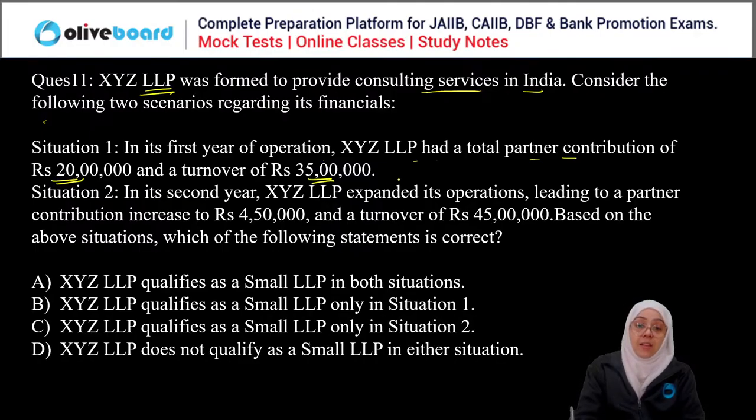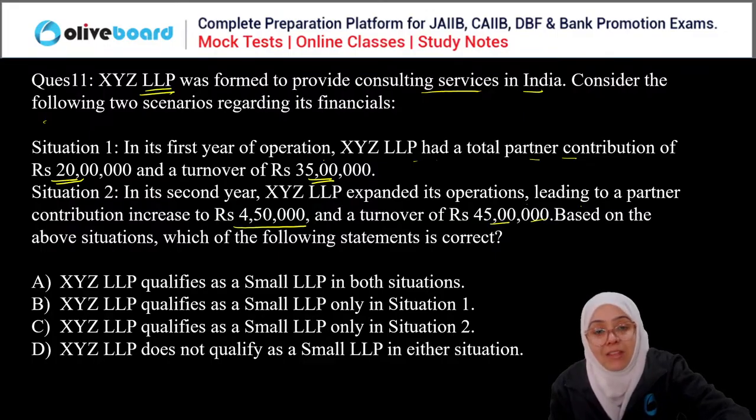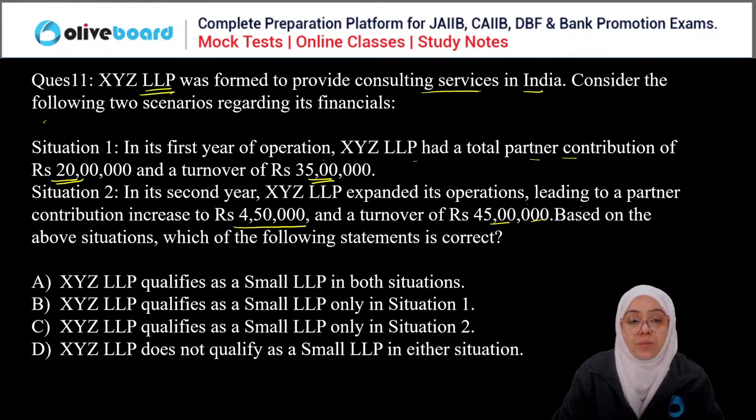In the second year, they have expanded its operation, leading to the partners' contribution increasing to 45 lakh and a turnover of 45 lakh. Based on the above situation, which of the following statements is or are correct? So please answer this question.